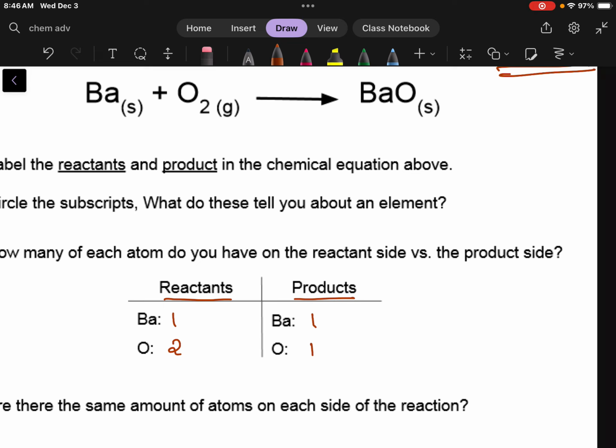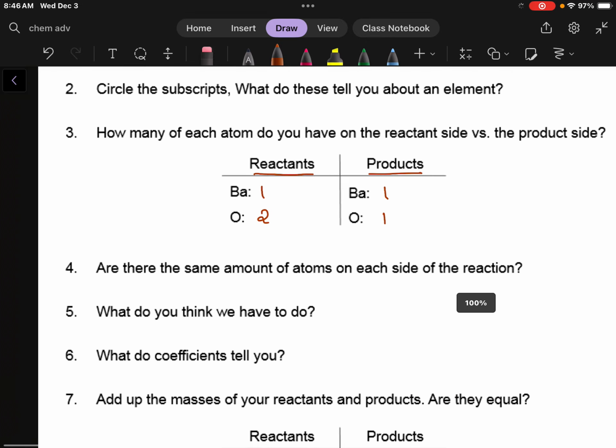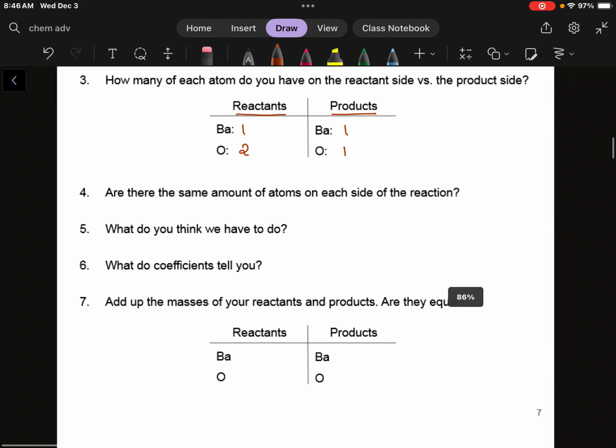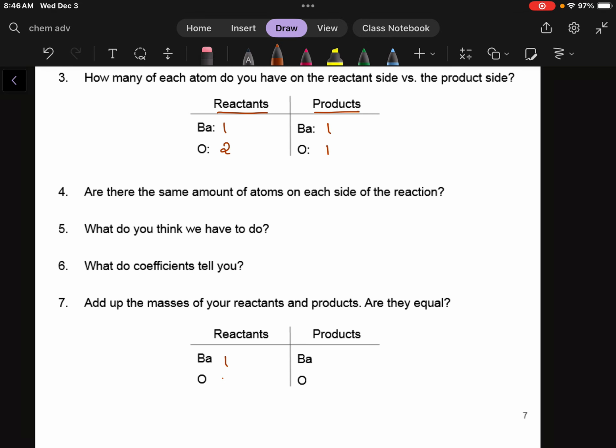So we are not allowed to change the subscript. You can only add a coefficient on the left-hand side. What I'm going to do, this is 1 and 2, 1 and 1. I'm going to multiply the compound which has O in it with the 2.